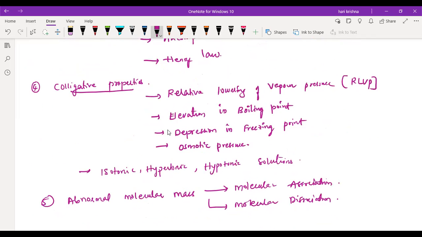There are a total of 4: RLVP, elevation in boiling point, depression in freezing point, osmotic pressure. Based on the osmotic pressure, we have 3 different types of solutions: isotonic, hypertonic, and hypotonic. And the last topic is abnormal molecular masses, either molecular association or dissociation.